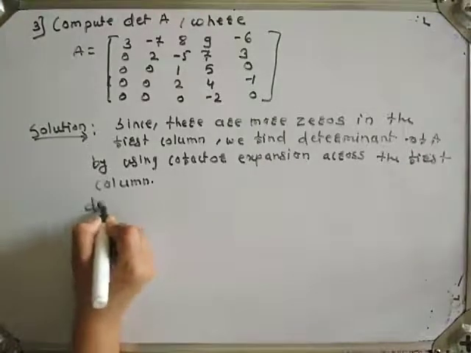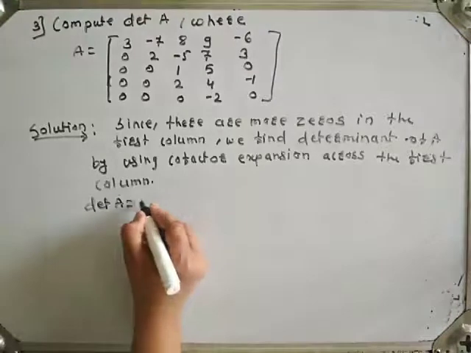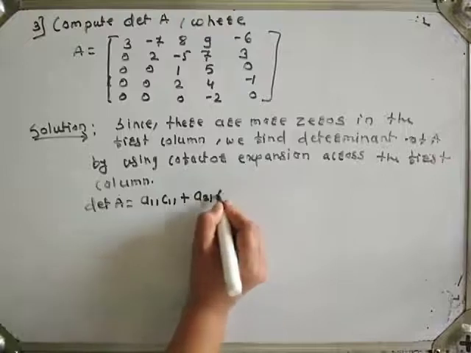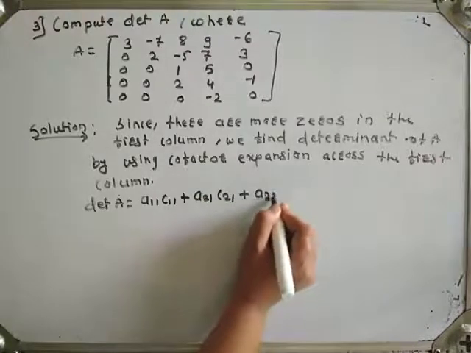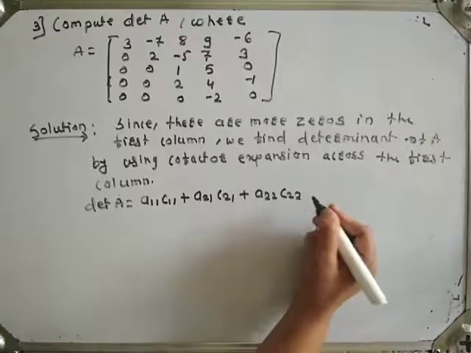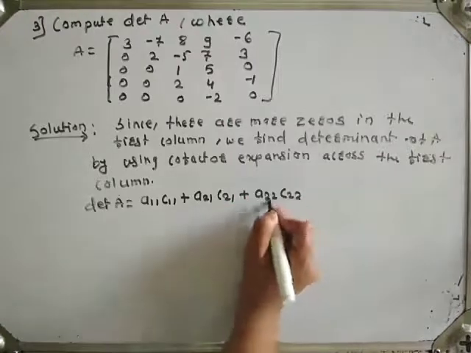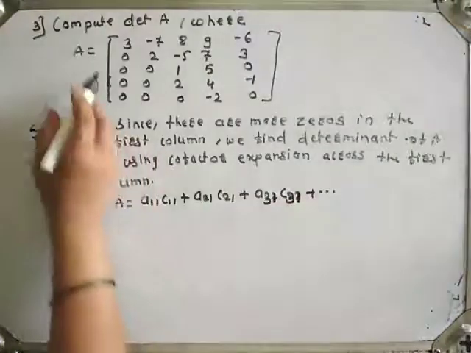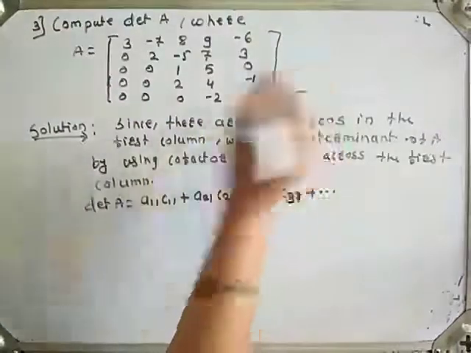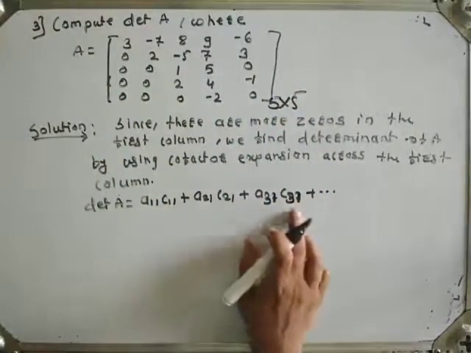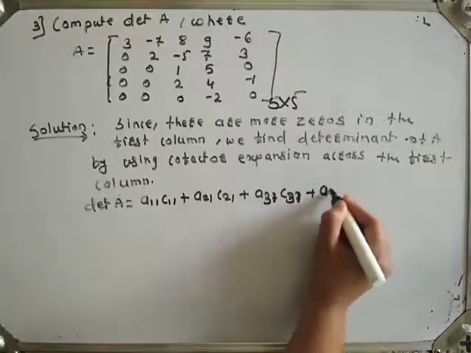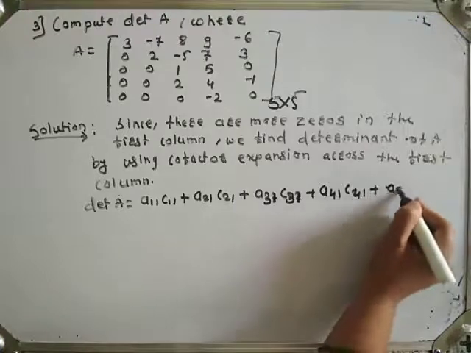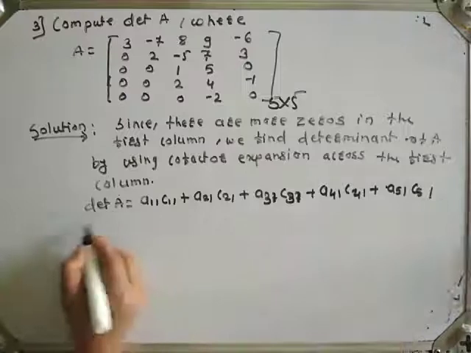Therefore the determinant of A is equal to A11 C11 plus A21 C21 plus A31 into C31 plus A41 into C41 plus A51 C51, since the matrix is of order 5 by 5.